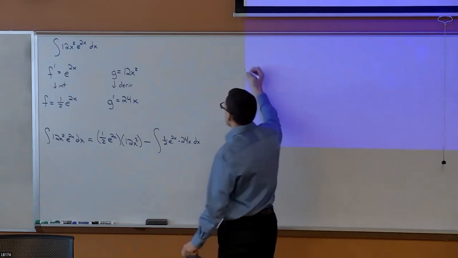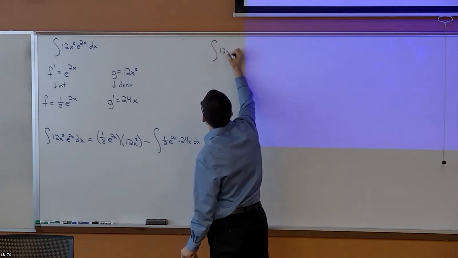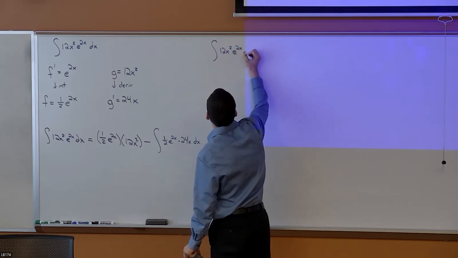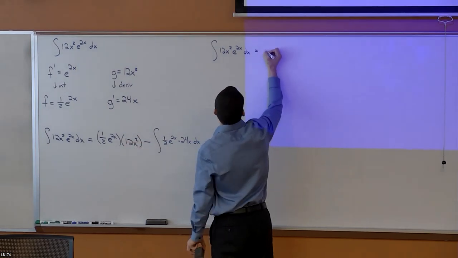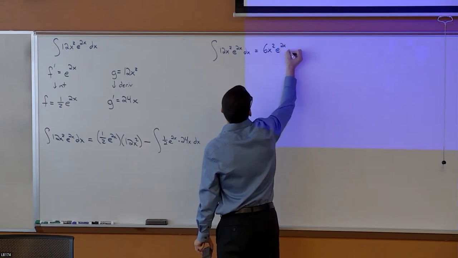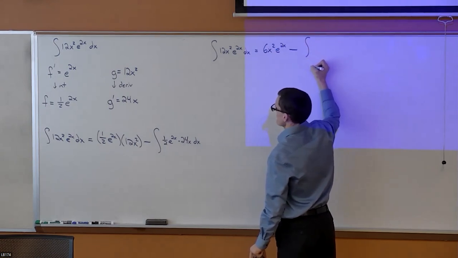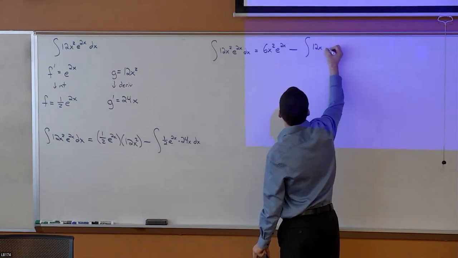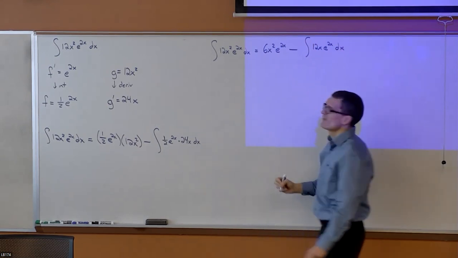Now let me clean that up a bit. I'll start writing it here. One half times 12 is 6, so 6x squared e to the 2x minus integrate. That's going to be 12x to the first times e to the 2x with respect to x.